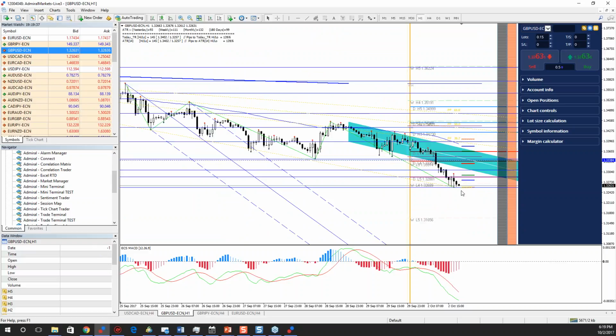Because if the price closes with a 4-hour close or daily close below the weekly L4, daily close below 32.68 is, in my opinion, bearish. In my opinion, it will be bearish, and I think a daily close below 32.60 will make another leg.